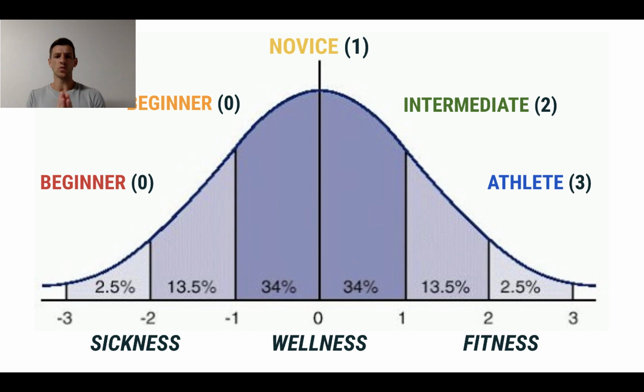And again, if you were at 2, that would represent a fit state, and 3, an athletic state. So again, if you're healthy at 1, you want to go to 2. If you're already at 2, your goal is to go to 3. And if you're at 0, either pathological or deficient, then your goal obviously is to at minimum go to 1.